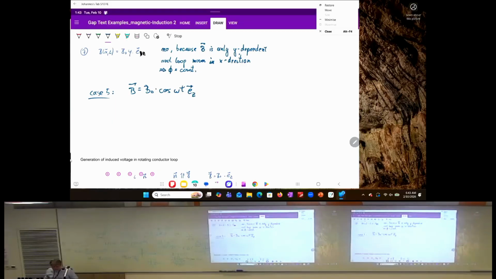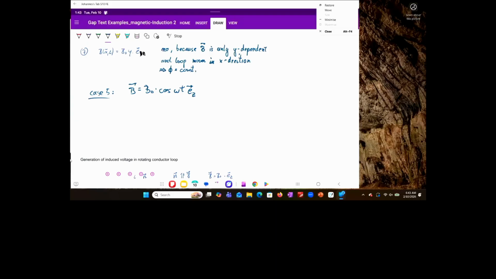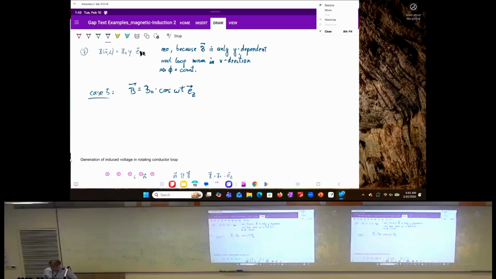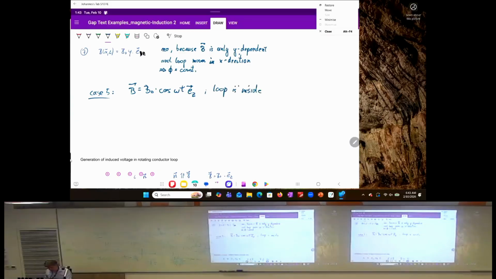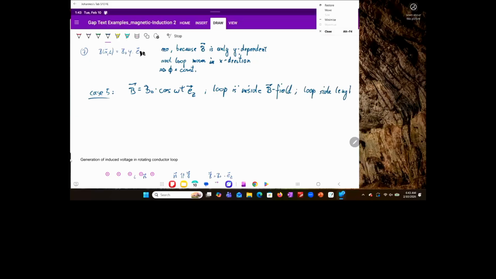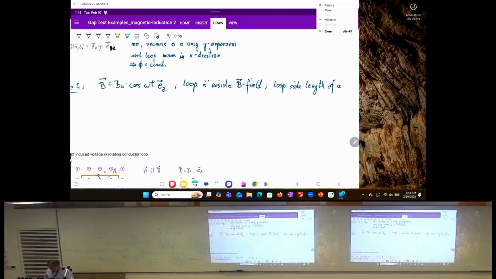The loop has a side length of a by a, so it is a square, and the loop is at rest. That is for the assumptions.